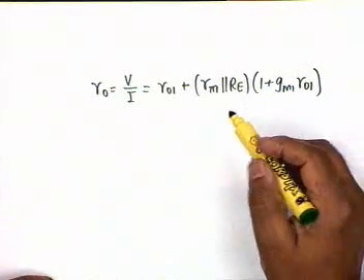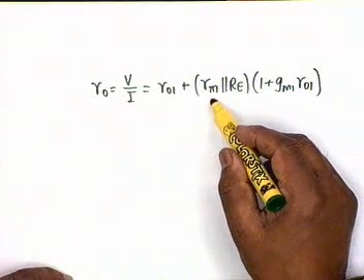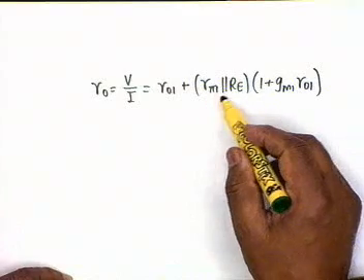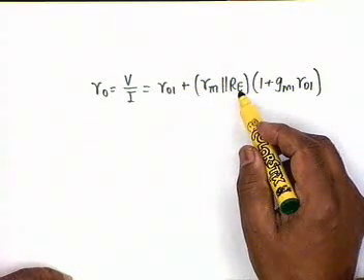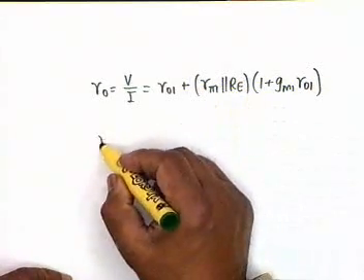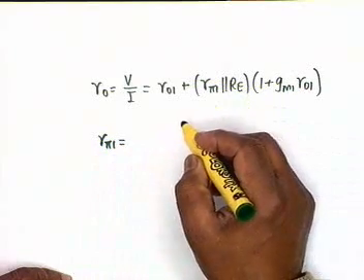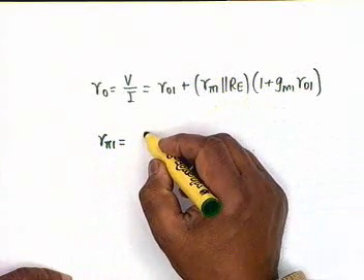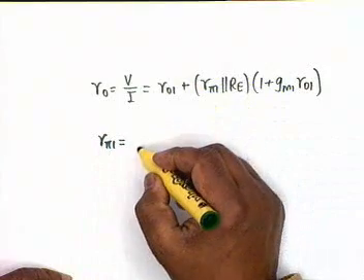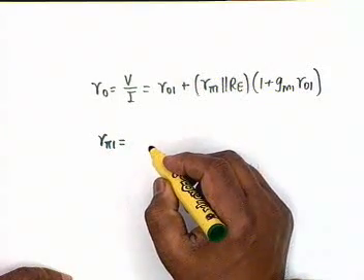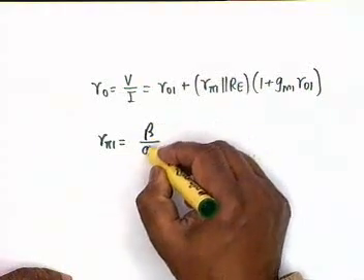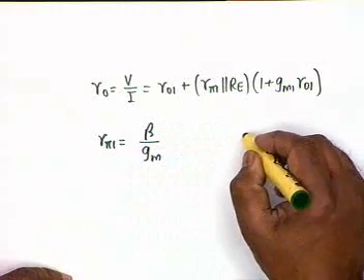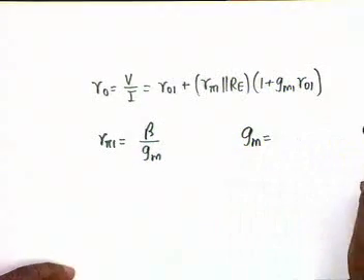Now one should notice that R pi 1 would be very large compared to RE. RE is only 1.68 K. What is R pi 1? R pi 1 is beta by GM. What is GM?